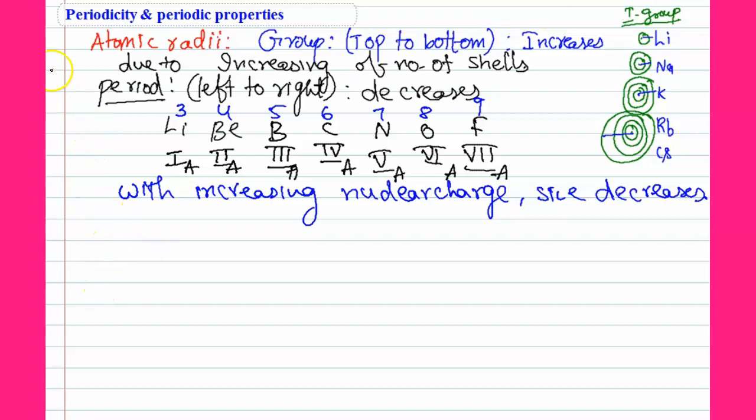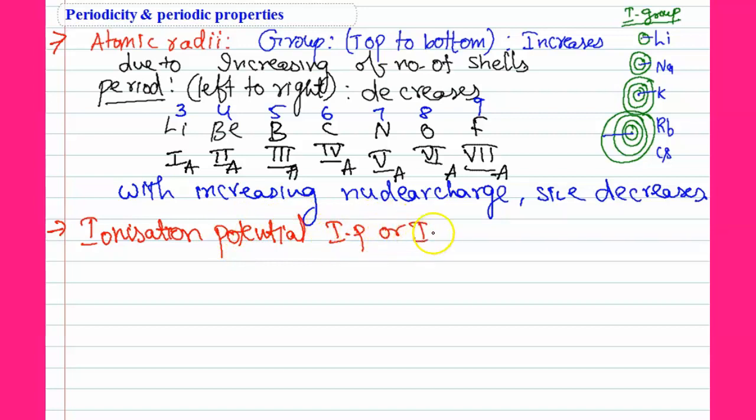Next one is ionization energy. Ionization energy, ionization potential, ionization enthalpy, all are the same, students. Actually, what is ionization potential?